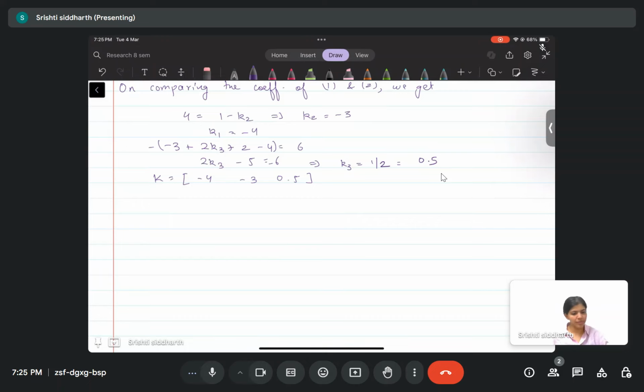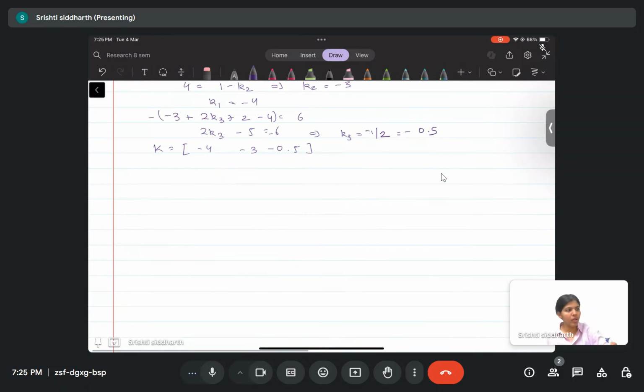Okay. Then K is going to be, for example, K2, which is going to be B times K1. So this is going to be 1, 0, with K1, which we can write as minus 4, minus 3, minus 0.5.